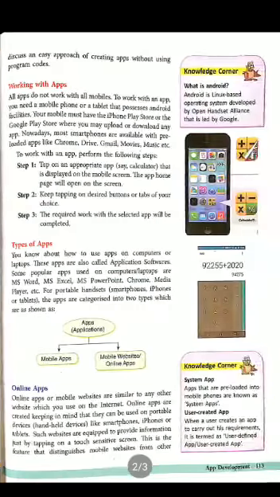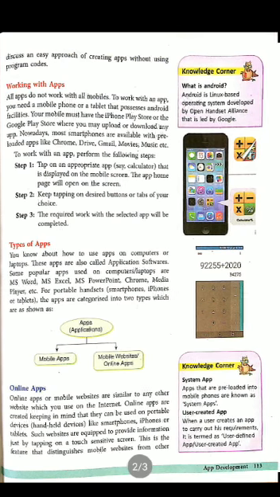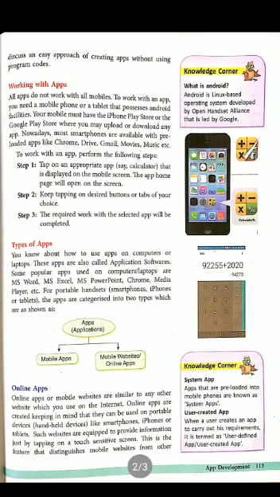In the next page, it is given as working with the apps. In order to work with the apps, you should download various types of apps which are mainly meant for your smartphone. But before that, you have to be careful what operating system my smartphone is having.